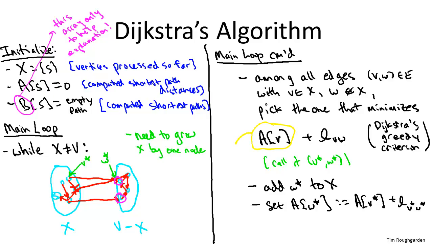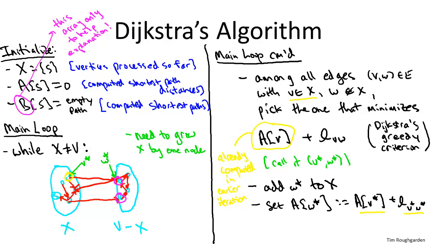A key point is to realize that this code does make sense, by which I mean, if you think about this quantity A of V, this has been previously computed. That's because an invariant of this algorithm is we've always computed shortest path distances to everything that's in capital X. The same thing holds when we need to assign W star its shortest path distance, because V star was a member of capital X. We had already computed its shortest path distance, so we can just look up the V star entry in the array A. Over in our picture on the left, we would ask, what did we compute the shortest path distance to V star to be previously?